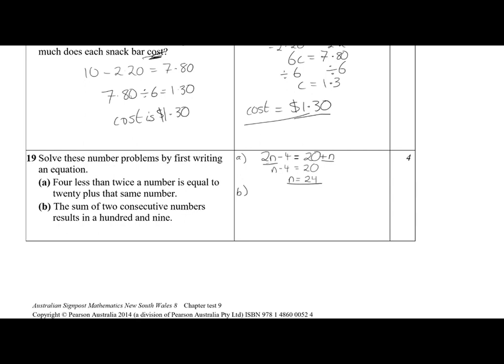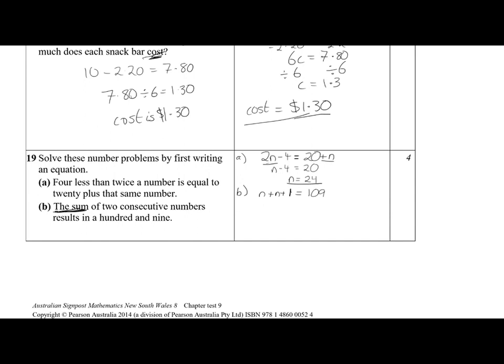The point is, though, if you know the starting number, n, the consecutive number that comes after it is one bigger than n, which we write as n plus 1. In the equation, it tells us we want the sum of these two numbers. So the sum of those two numbers means if they're added together, we get 109.